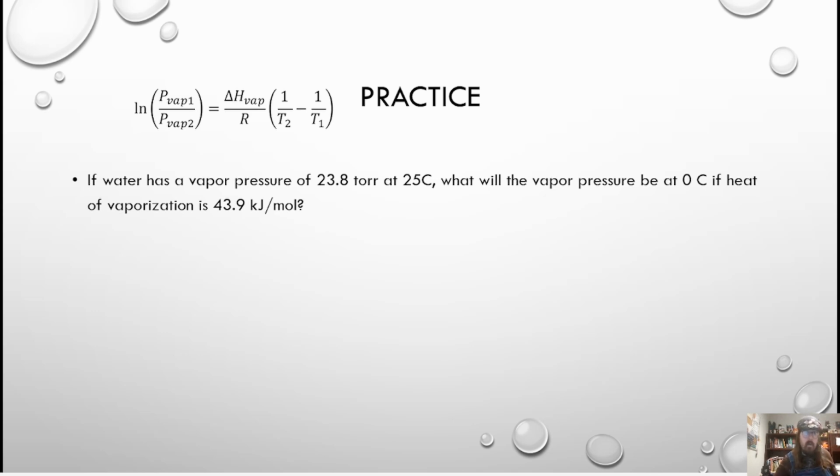So, if water has a vapor pressure of 23.8 torr at 25 degrees C, what would we expect the vapor pressure to be at 0 degrees C, if the enthalpy of vaporization is 43.9 kilojoules per mole? Now there's one thing I have not given you, and we will get to that in a minute. But step one is to set this up.